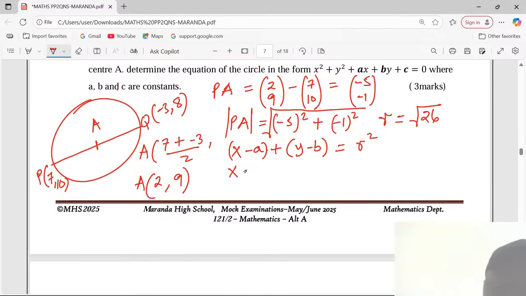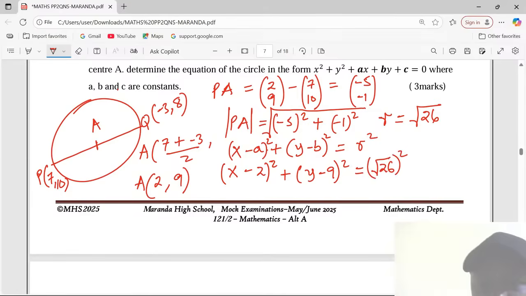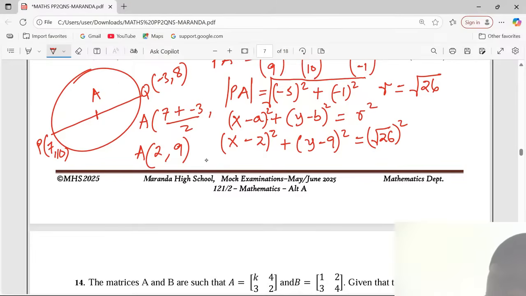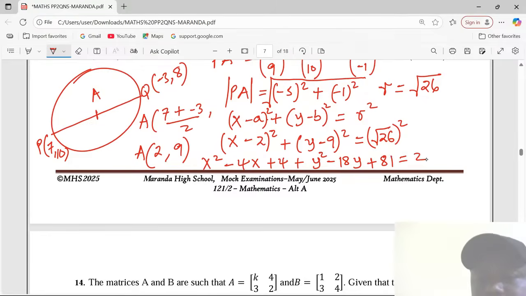So x minus 2 squared plus y minus 9 squared equals the root of 26 squared. When we square and open the brackets, x squared minus 4x plus 4, then plus y squared minus 18y plus 81 equals 26.